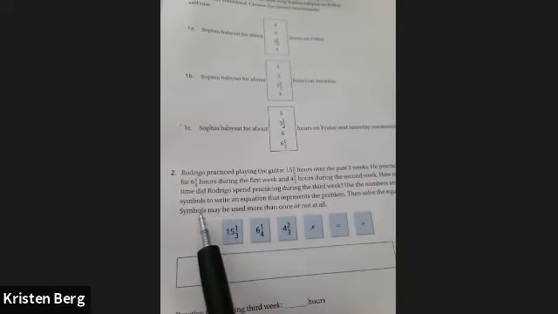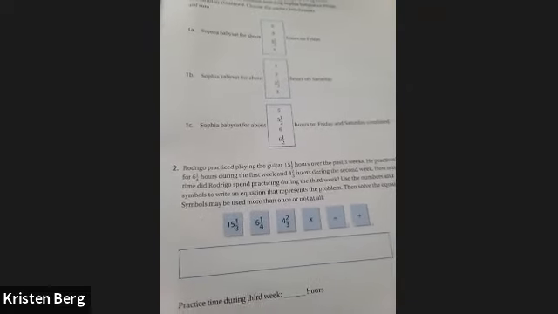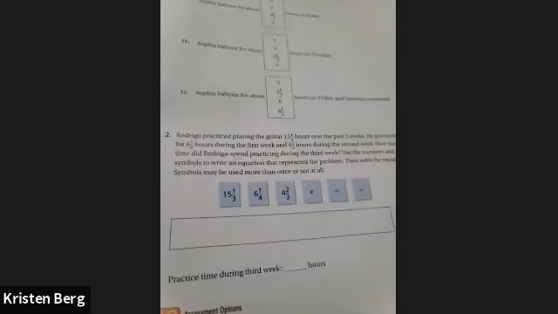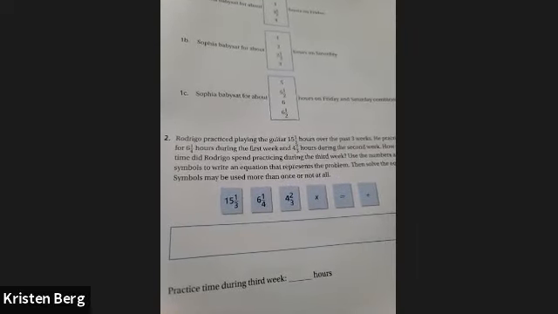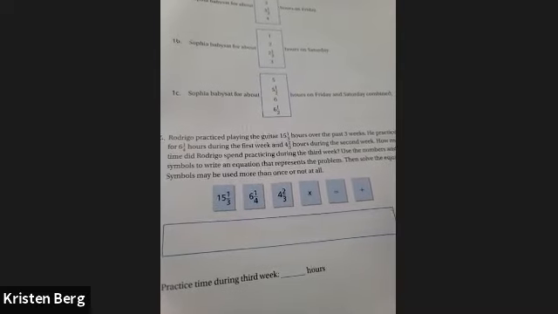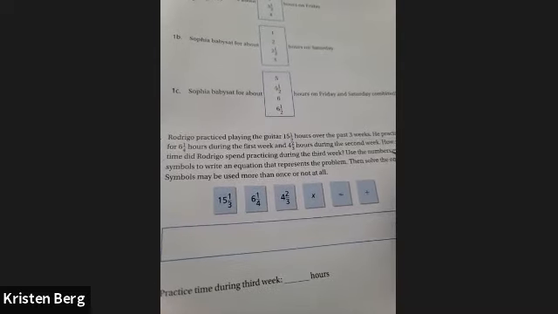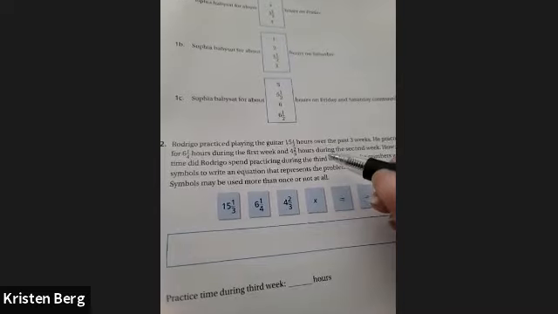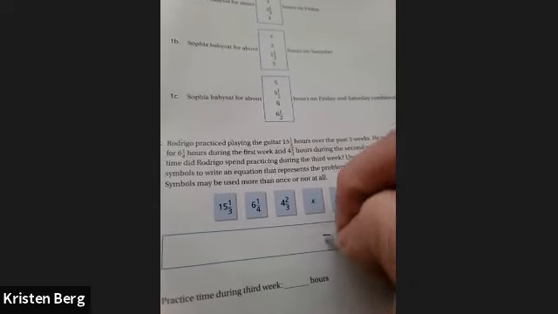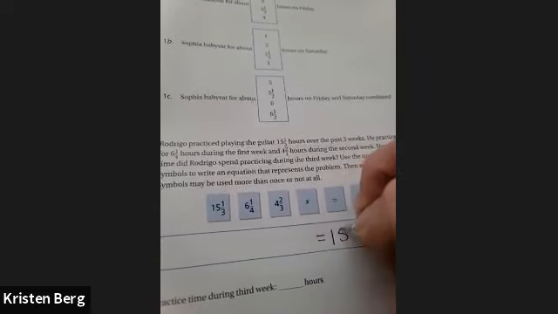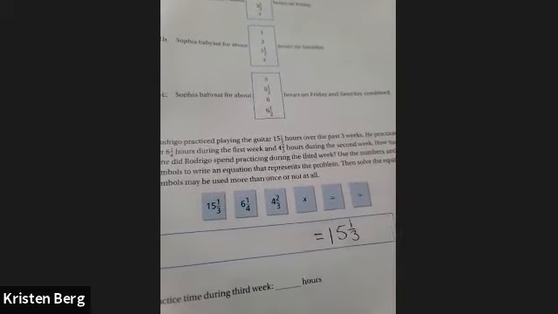Then solve the equation. So here it is. We are going to first make an equation and then we're going to solve it. There's several things that you could do here. The first thing that you could do is say, okay, he did this for a total of 3 weeks and it was 15 1/3 hours.